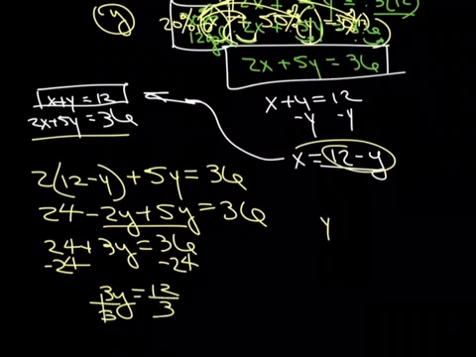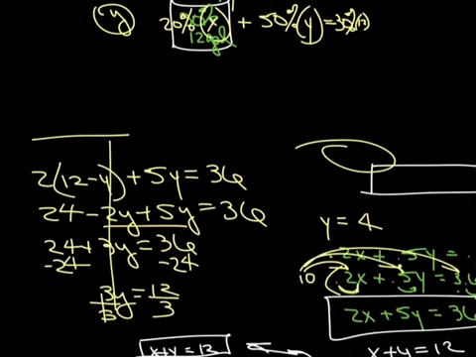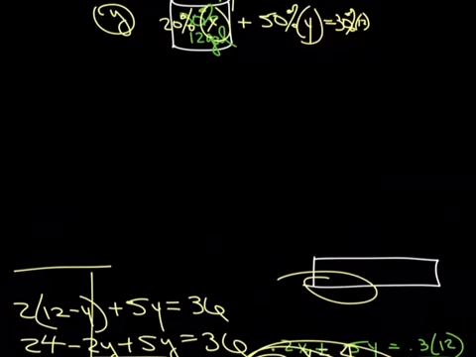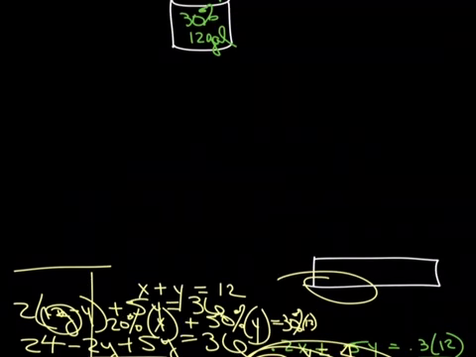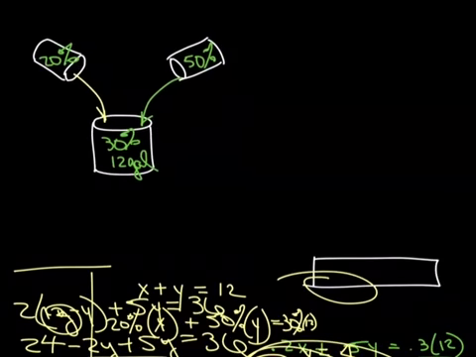So y equals 4. What does that tell me? Let's go clear back to the beginning and bring my buckets back down. We said y equals 4, and that this was y and this was x.